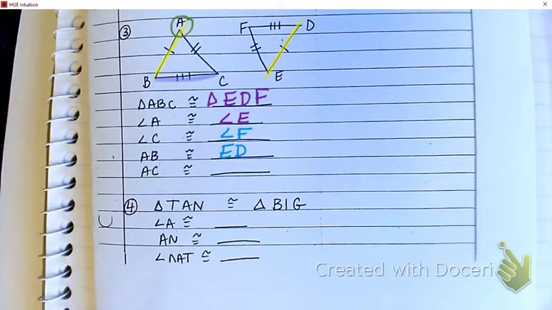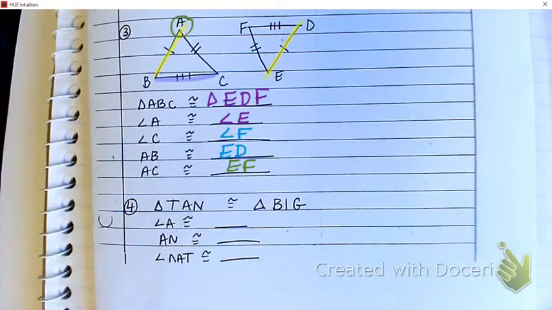And then AC, first and last, goes with EF. So although it's a little confusing, if you write the statement first, it'll tell you exactly which one goes with which one.